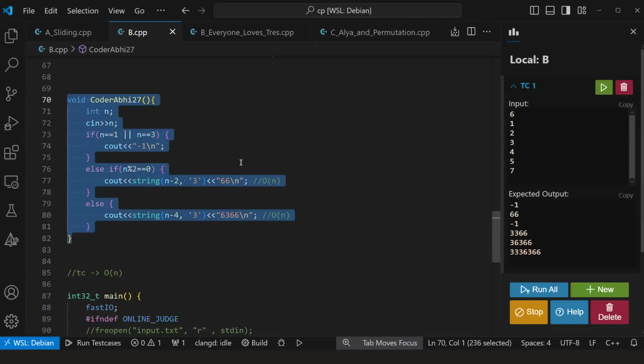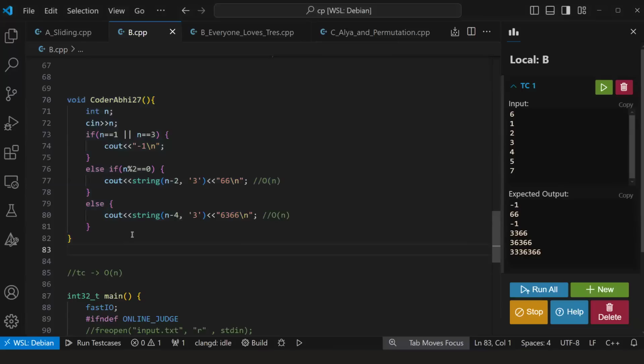If this problem is clear, we can move to the next problem now. Or if you have any doubt, just ask.